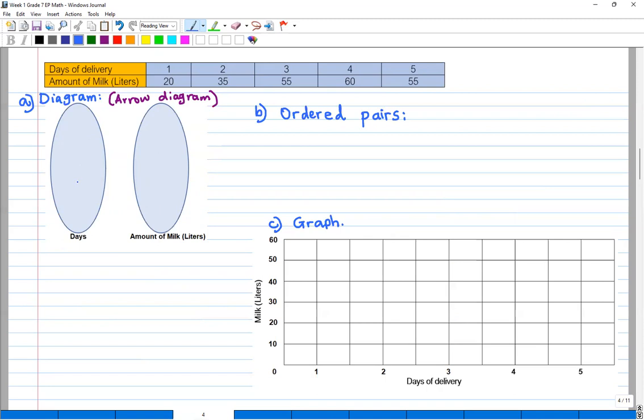Now let's say that this is the first member, and this one is the second member.